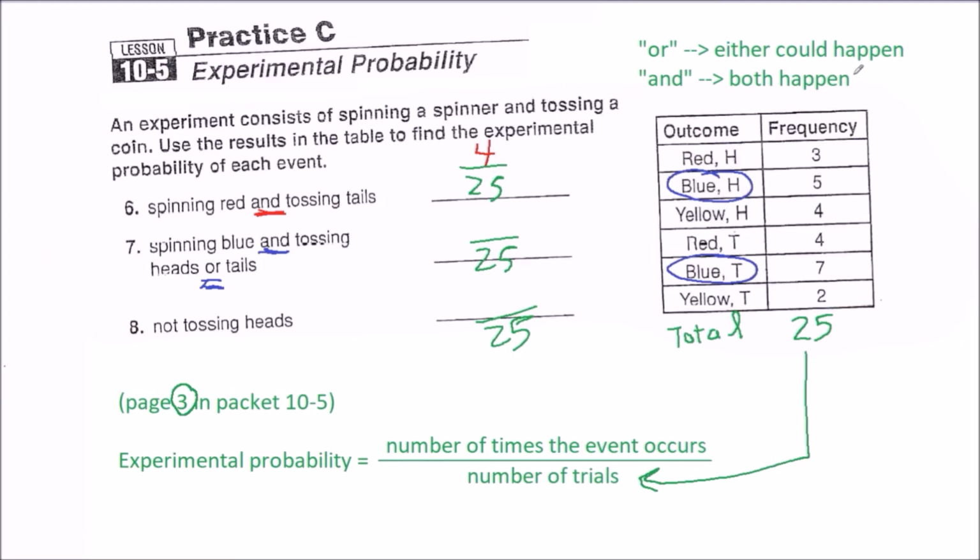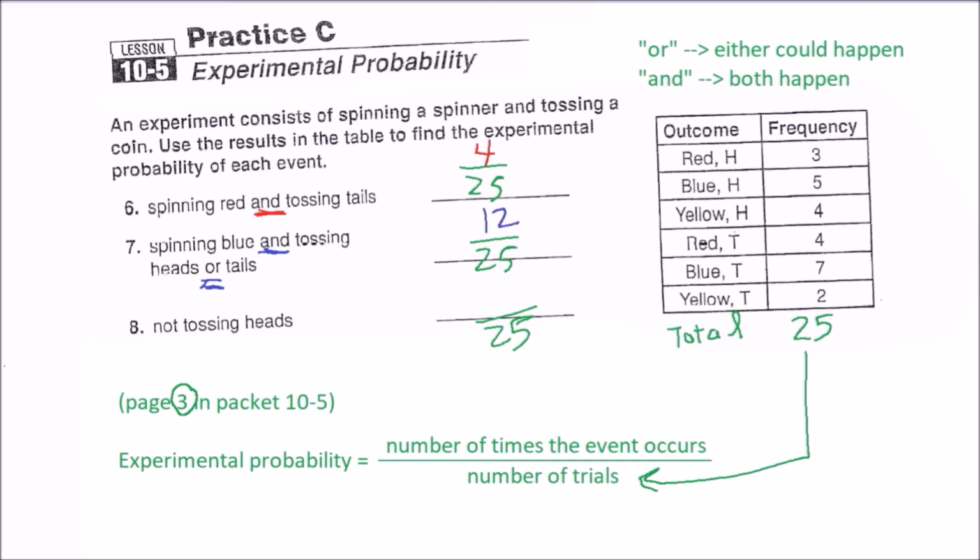So we have 5 here for blue and heads, 7 here for blue and tails, could be either one, and we said we're going to add those together. So 5 plus 7 would give us 12. And then our experimental probability, 12 out of 25, still a total of 25. So that's what we have there.